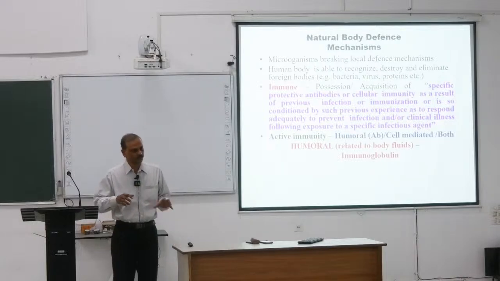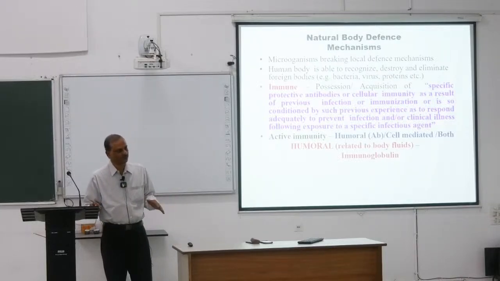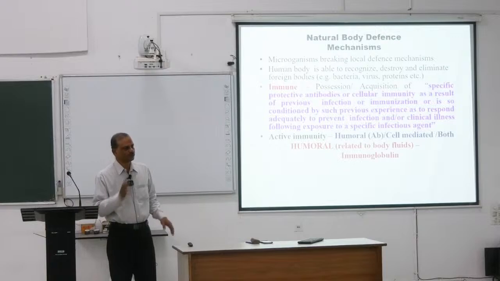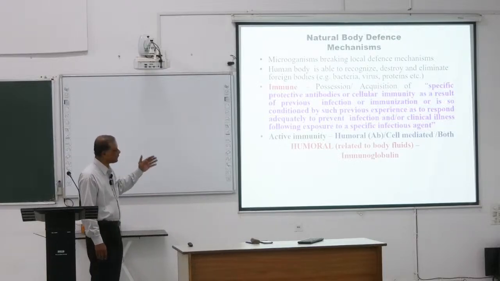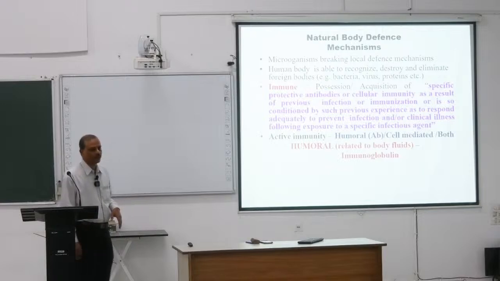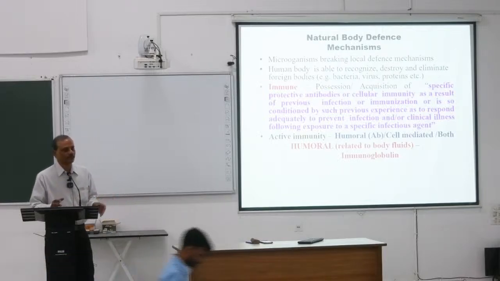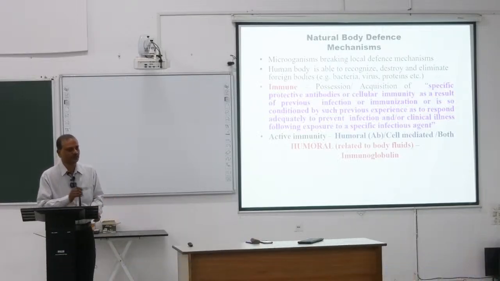And if it is due to B cell or T cell, immunity is mounted. So a person is said to be immune when he can mount an immune response sufficient not to suffer from that particular disease or infection.